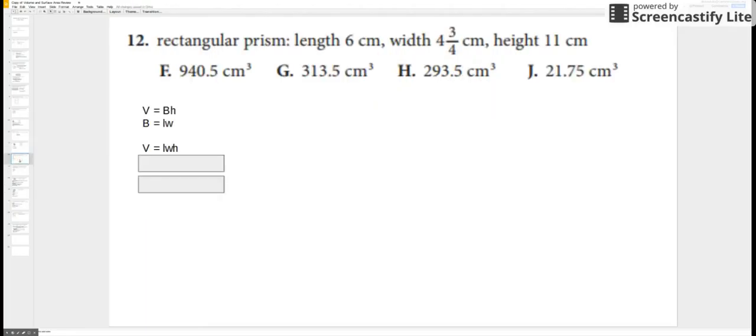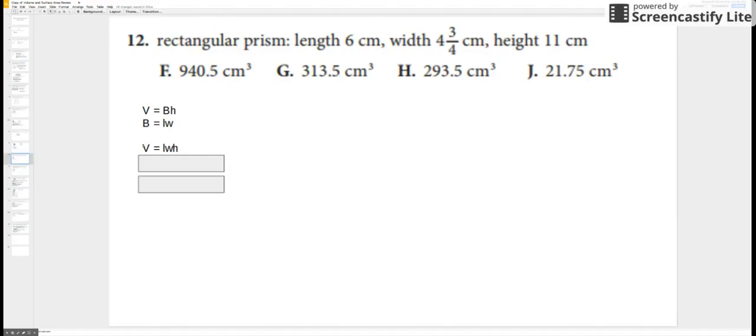Here's number 12. Find the volume of the rectangular prism, given the length is 6 centimeters, the width is 4 3/4 centimeters, and the height is 11 centimeters. Okay, you know volume is big B times height. Big B is the area of your base. Since it's a rectangular prism, our base is a rectangle, so we would do length times width.